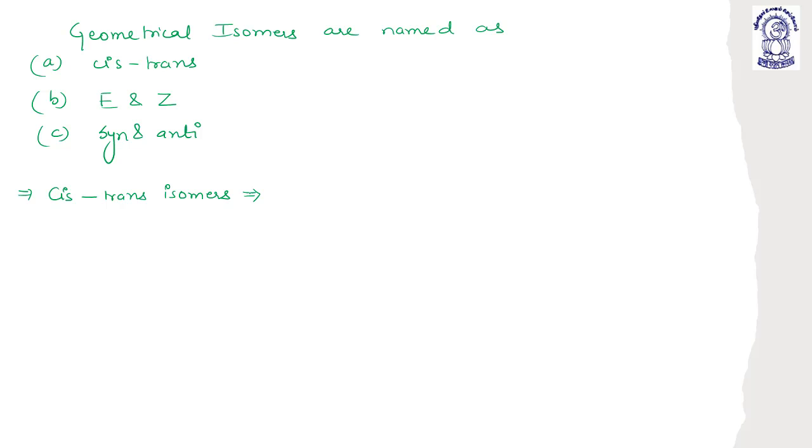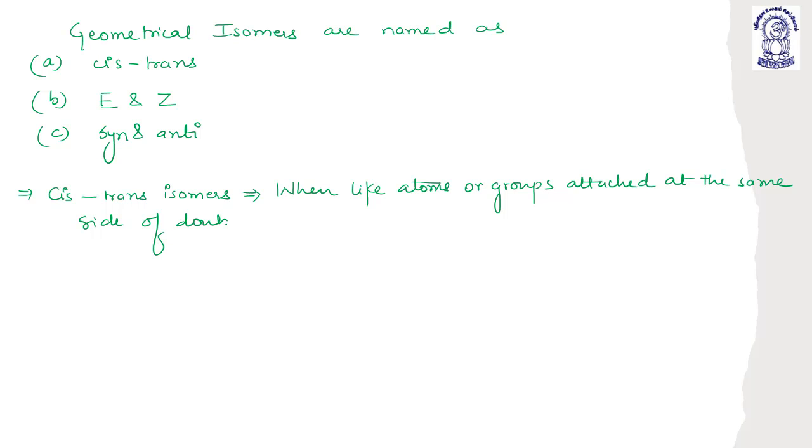Cis-trans isomers. When like atoms or groups attach at the same side of the doubly bonded carbon atoms, it is called a cis isomer.